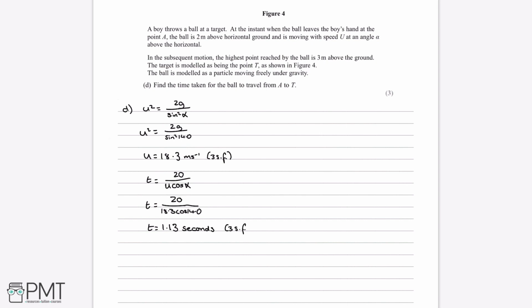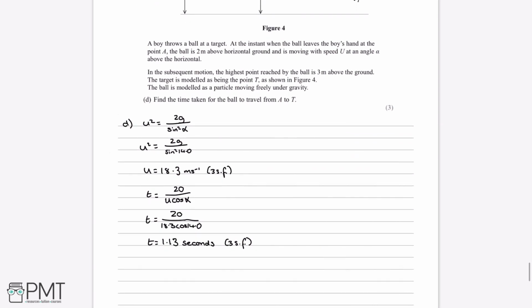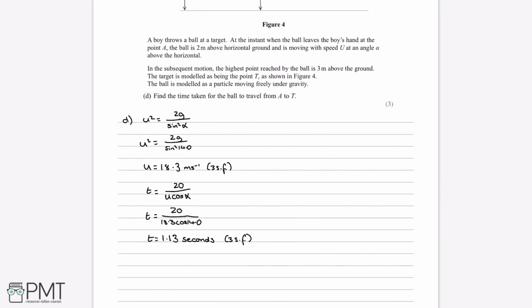And so this is the time taken to go from A to T, because that's what this original equation was measuring in the first place.